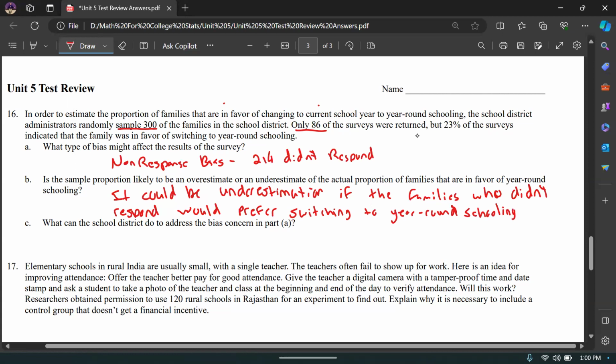Because what we're saying there is that there's more people out there who would prefer the switch than the 23%. But again, it could be the other way around. It could be an overestimation of the people out there, the ones who don't prefer to switch.